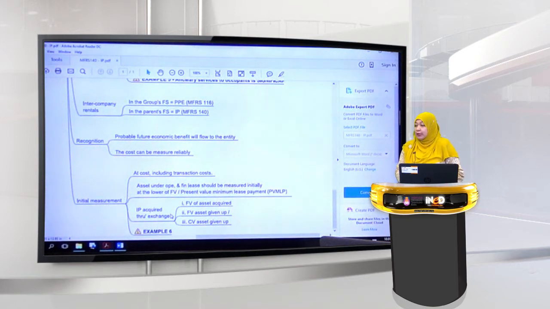Now, let's say that if you cannot determine the fair value of the asset given up, that is the 5 units of motor vehicles, we have to rely on the carrying value of the motor vehicles given up. For example, if the carrying value of the motor vehicles given up is 800,000, then we have to rely on the 800,000 if we could not rely on the first two requirements. Now let's look at one example.